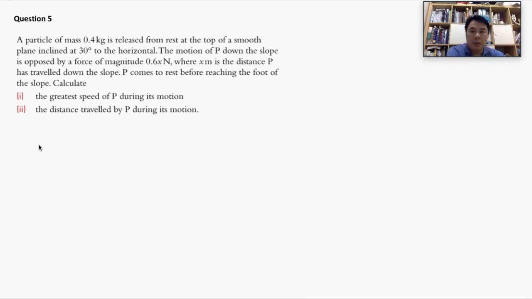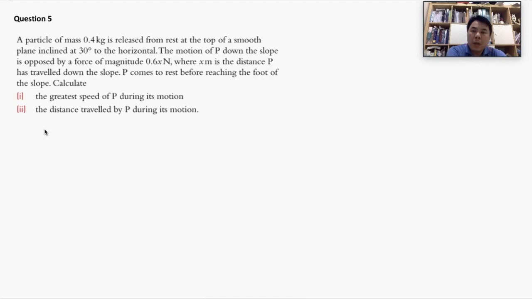A particle of mass 0.4 kilogram is released from rest at the top of a smooth plane inclined at 30 degrees to the horizontal.